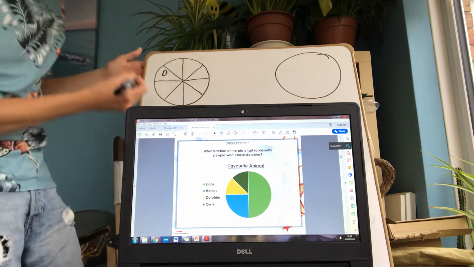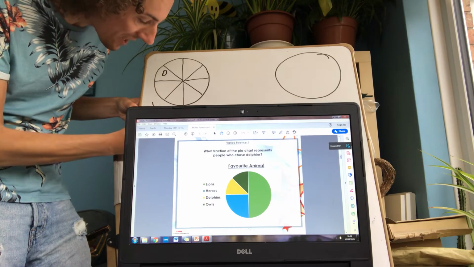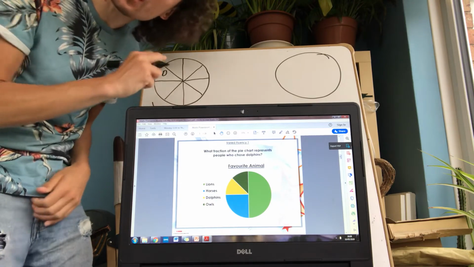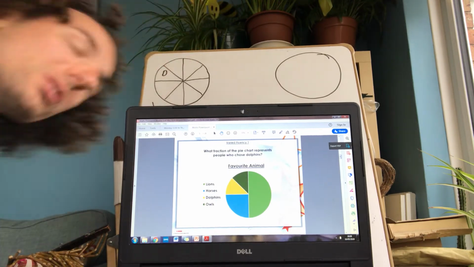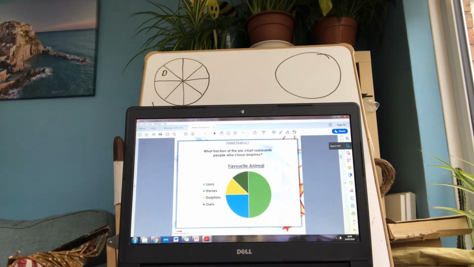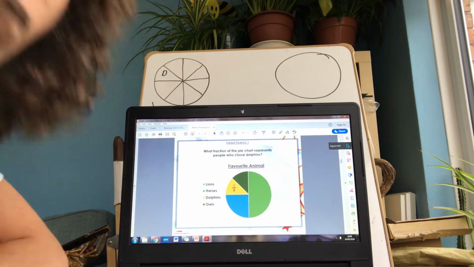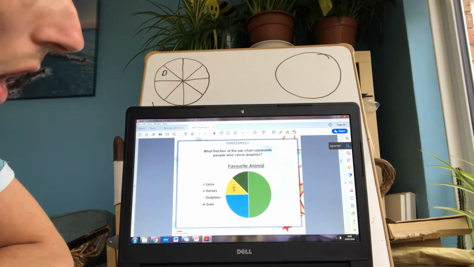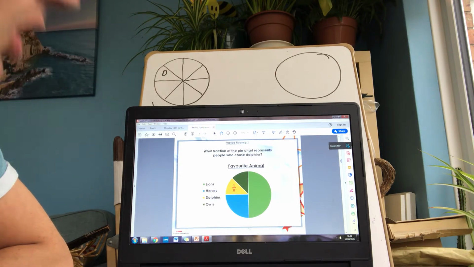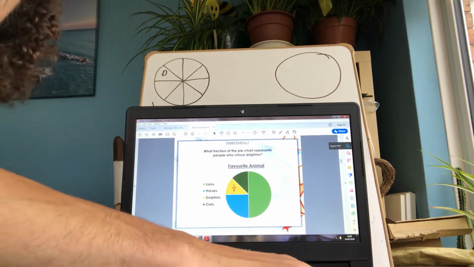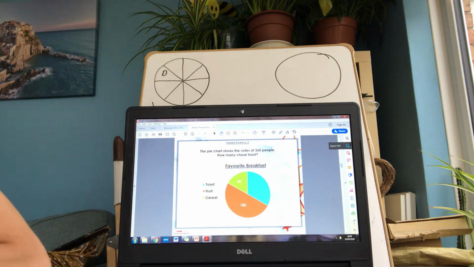Eighths. So dolphins is 1/8. Did that make sense? I think that's going to be the most important thing I do today, just to get our heads around it. So it's 1/8, because if we split the entire pie into parts of that size, we'll have 8 equal parts, 1/8 for dolphins.